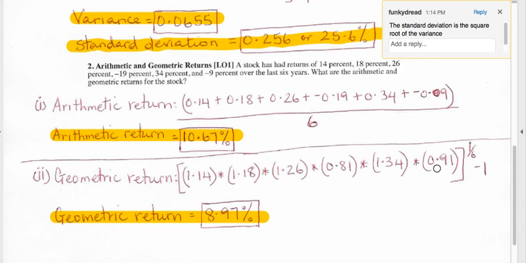So 1 plus negative 0.09 is equal to 0.91 raised to the power of 1 over 6, because we have 6 returns here, minus 1, and that is equal to 8.97%.